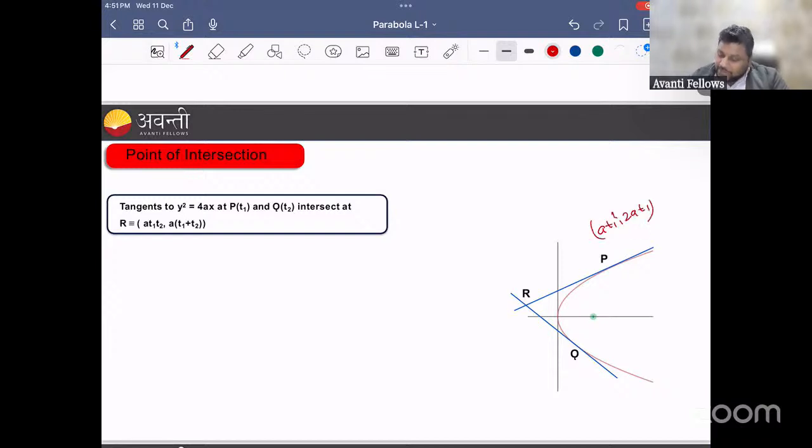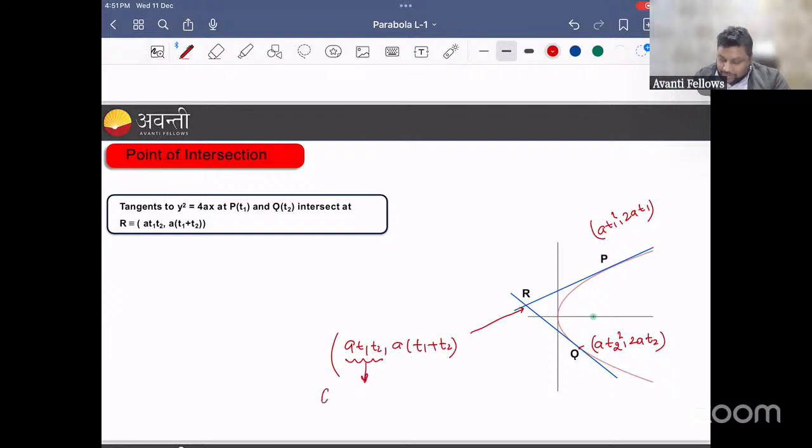2a T1. There is a point Q that is a T2 square 2a T2. Now, this point R will be what? This is a T1 T2, comma a (T1 plus T2). Now, this is what?